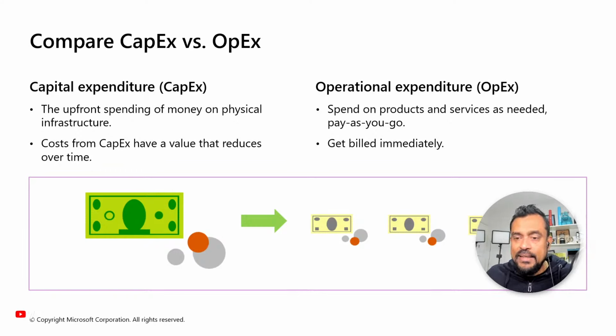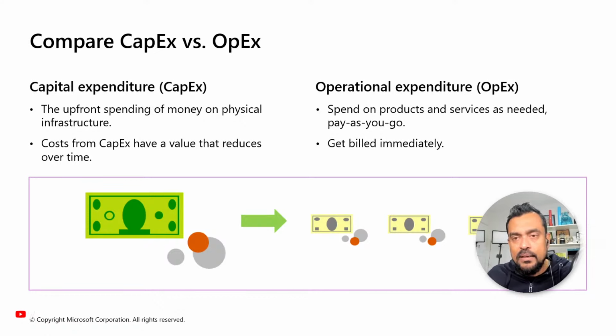It deducts the expense from your tax bill and has a high upfront cost, but the value of your investment reduces over time. For example, let's say if you purchase a server today in Sri Lanka, I think a decent level server will cost you about 1 million rupees. But even if you invested in it, after a couple of years, the value of the server is getting reduced.